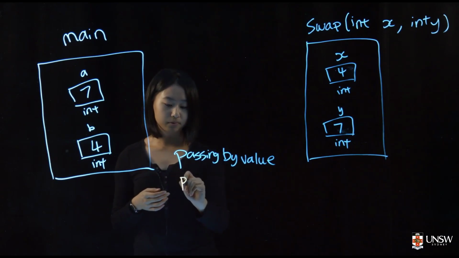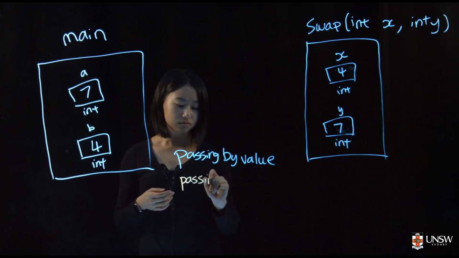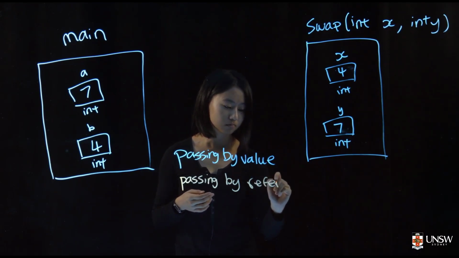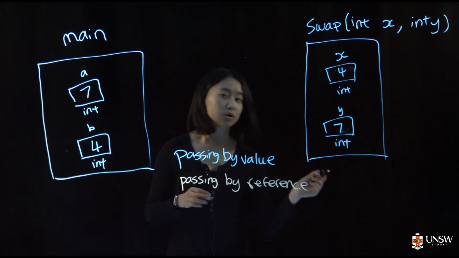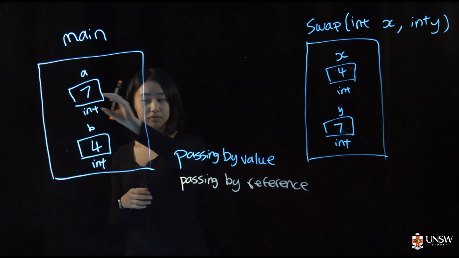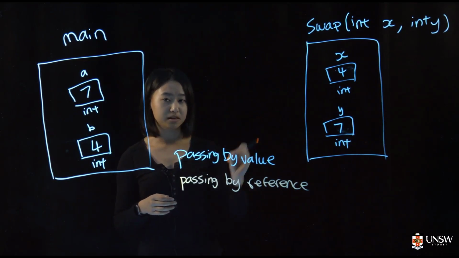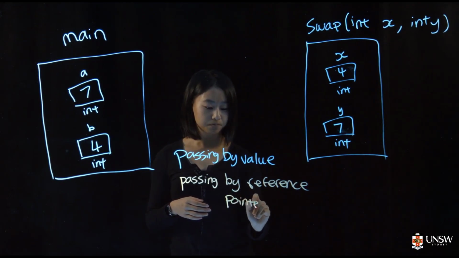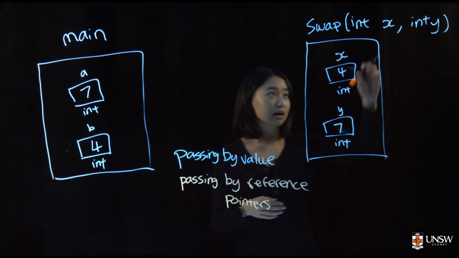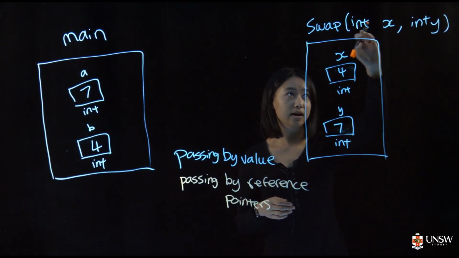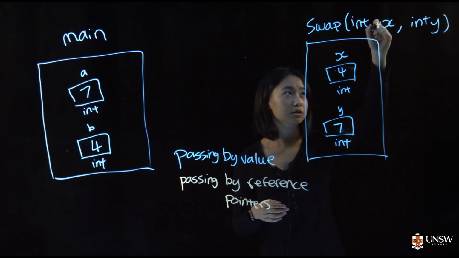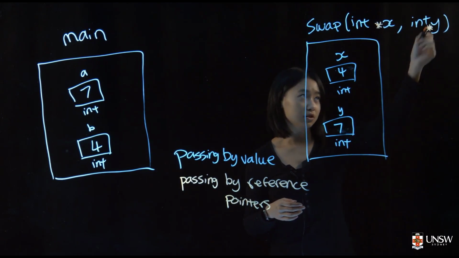We have to pass by reference. So passing by reference means that instead of giving a copy of a and a copy of b, we actually want to give pointers to a and b. So instead of having two integer variables called x and y, we want pointers to integers.